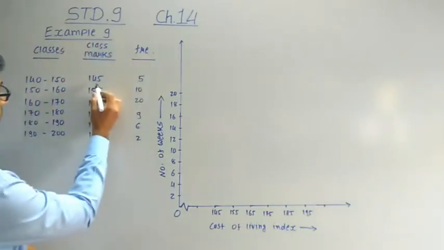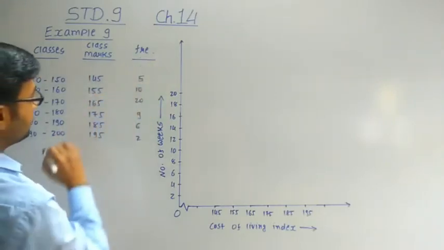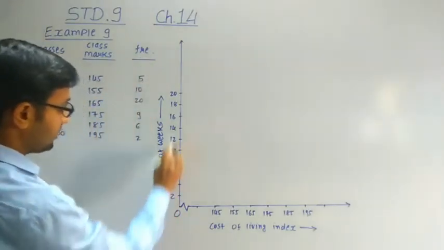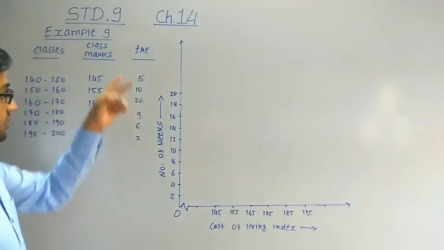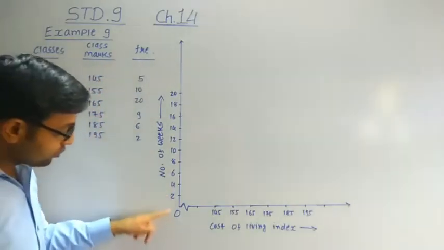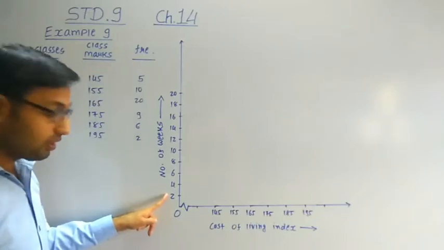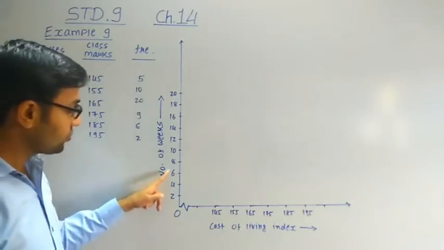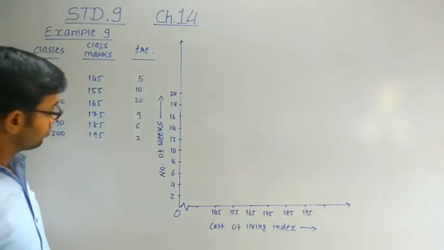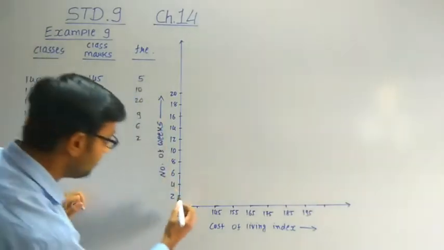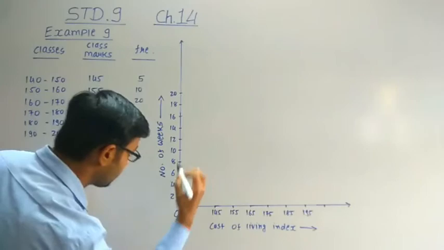See, for 145, the frequency is 5. So here we have taken the scale of 2. 1 unit is equal to 2 weeks. These are the weeks. So from 0 it is 2. Now the scale is 2 units, that is why we have taken 4, 6, 8, 12, 14, 16, 18 and 20. So the value of 5 is here between 4 and 6.